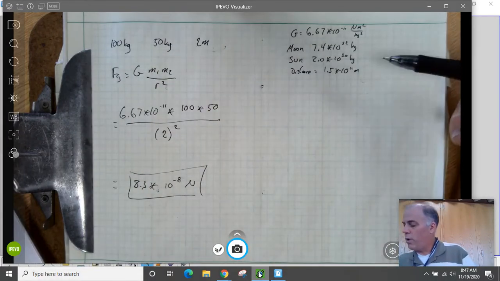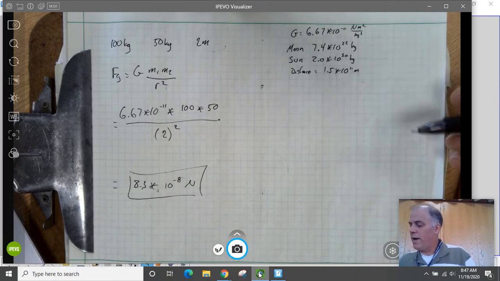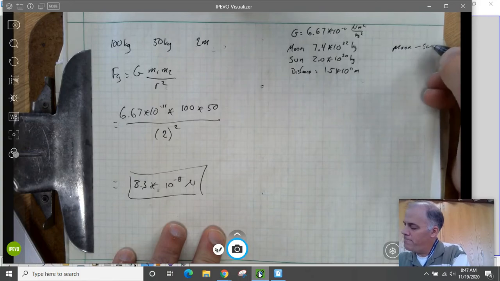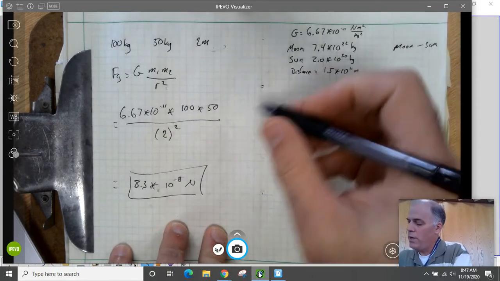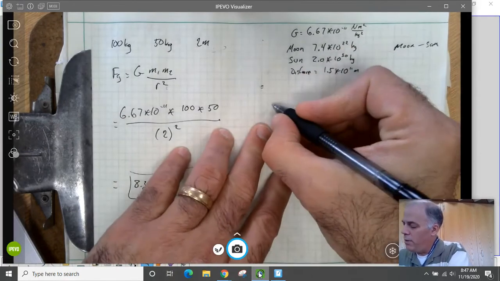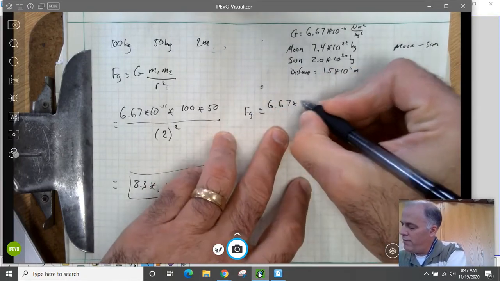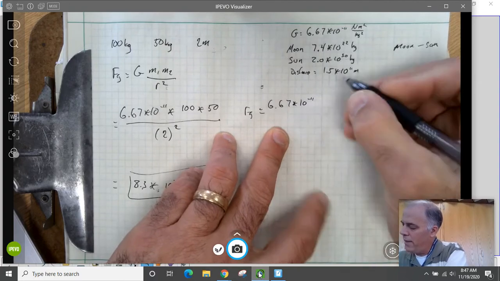Now we're going to do another one where we're going to figure out the gravitational force between the moon and the sun. All right, so same formula here, F sub G equals 6.67 times 10 to the minus 11th.